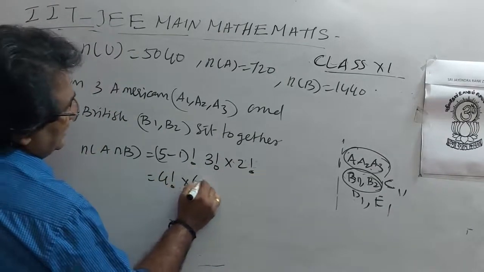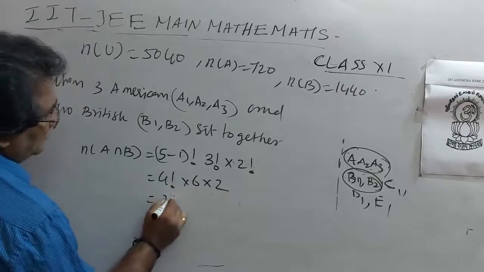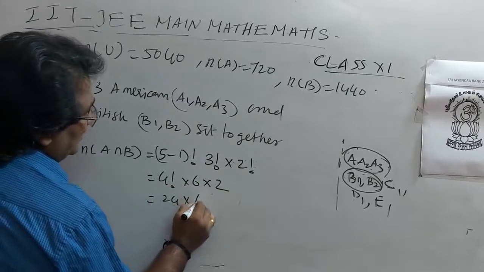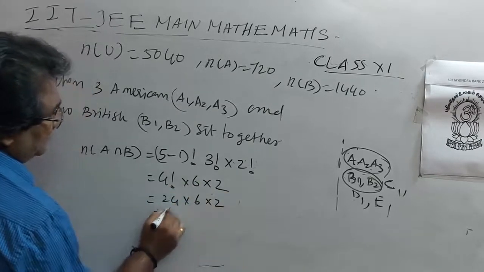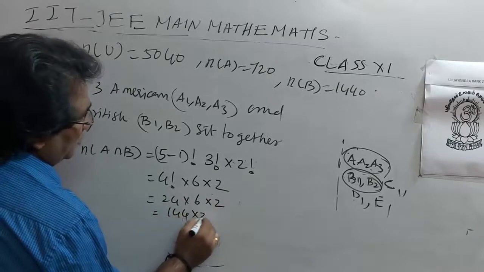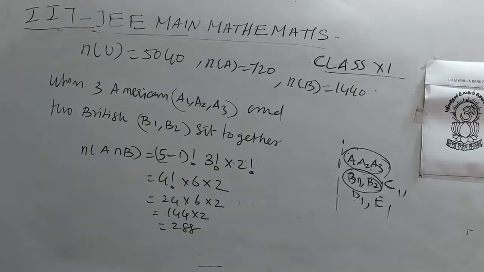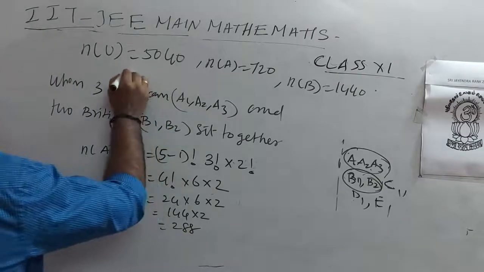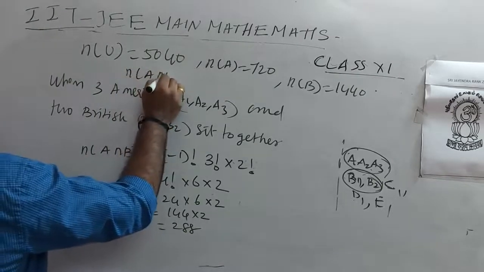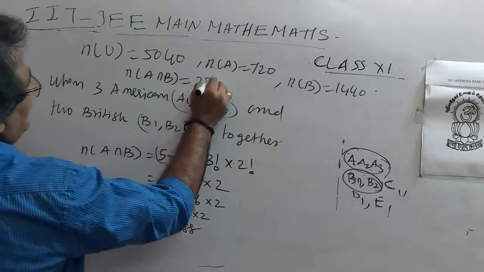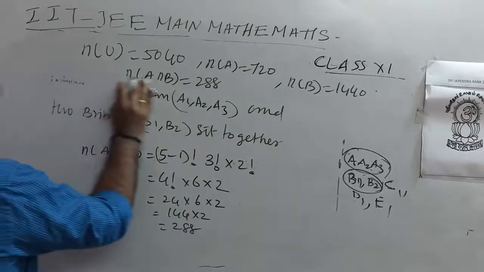That is 3 factorial into 6 into 2, 6 into 6 into 2, 72 into 2, 144 into 2, 288. So n of A intersection B equals 288.